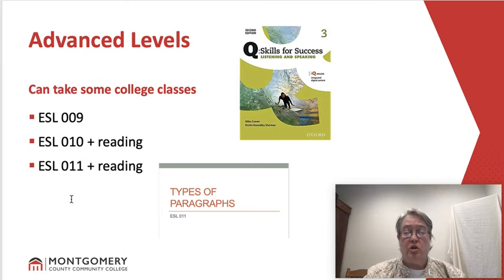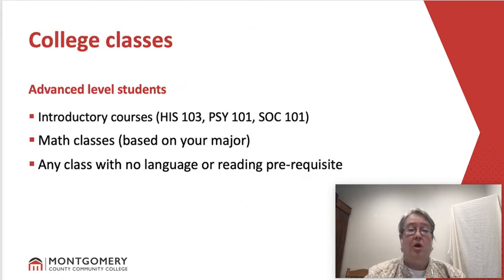Once you finish these classes, then you are able to take any college classes that you like because you've met the language prerequisites. But what's especially nice is that while you are taking some of these classes, you can also take college level classes. So for example, while you're still in an ESL composition class, you might be taking an introductory course.